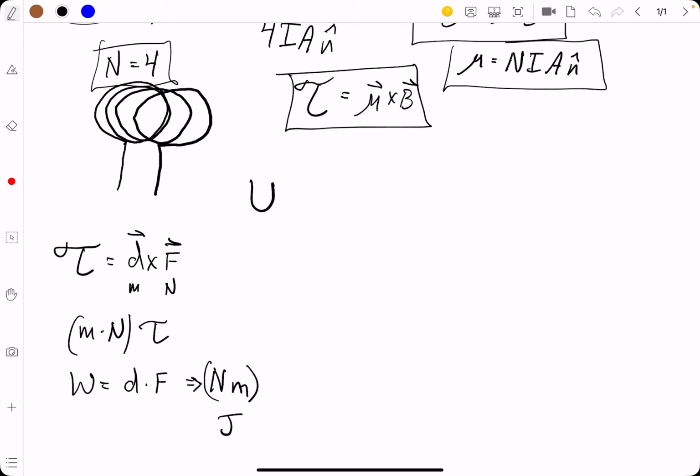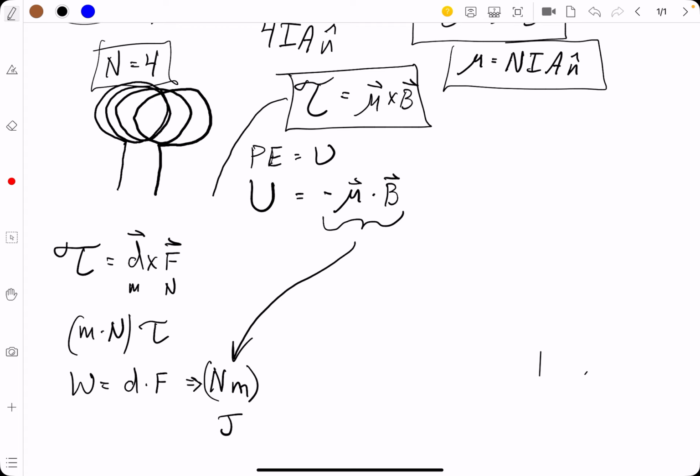And if you think of it that way, if you're doing the dot product, you get the energy, potential energy U. If we take minus mu dot our B field, then we have our energy. So the dot product leaves you with this. The cross product leaves you with this. When you do the cross product, you end up with meter newtons.